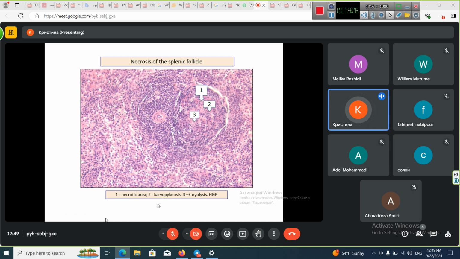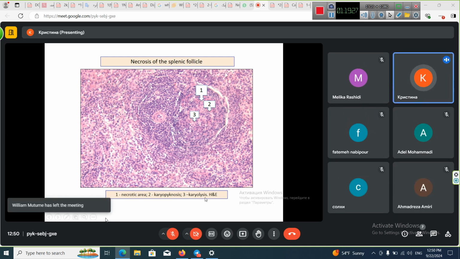It means that the nucleus becomes smaller and darker. Next, we will have karyorrhexis, which means that this pyknotic nucleus is broken into smaller pieces. And finally, we will have karyolysis, which means the digestion of these pieces of broken nucleus with the enzymes of lysosomes of the cell.